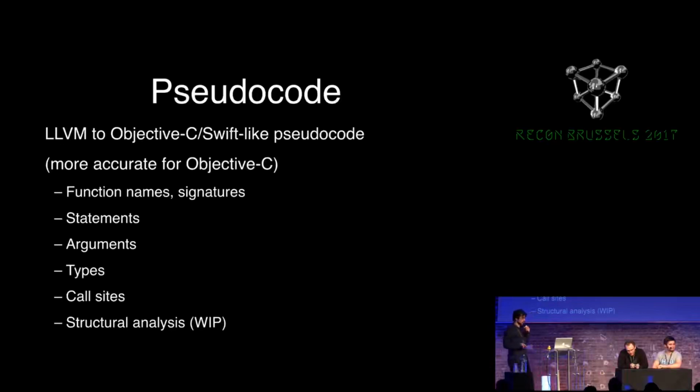Function names, signatures, call sites, arguments, types, statements, etc. We are improving structural analysis, which includes precise recovery of loops and if-else statements. It will make this tool much closer to a decompiler.